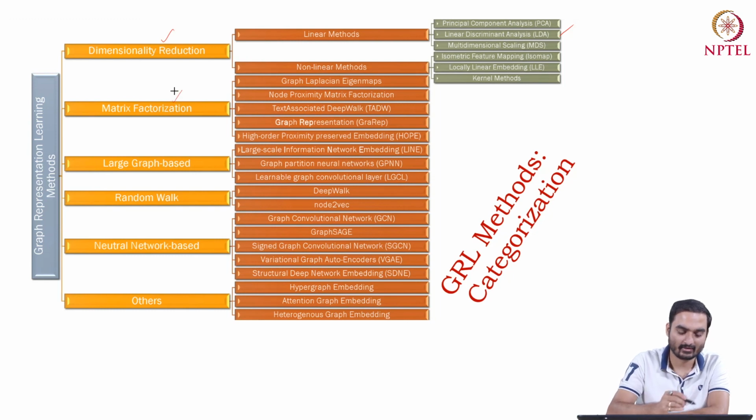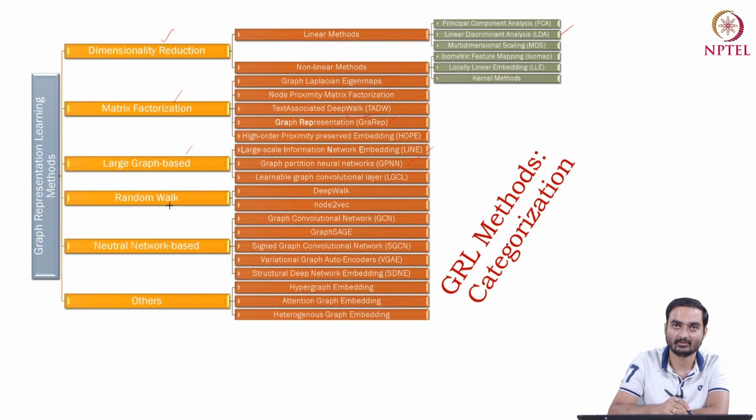Then we have matrix factorization based approaches, where we use, say, GraRep, HOPE, some variation of DeepWalk, graph Laplacian and so on. We have large graph based approaches where we use LINE, GPNA and so on.